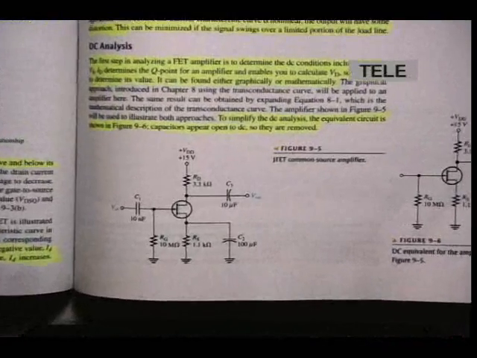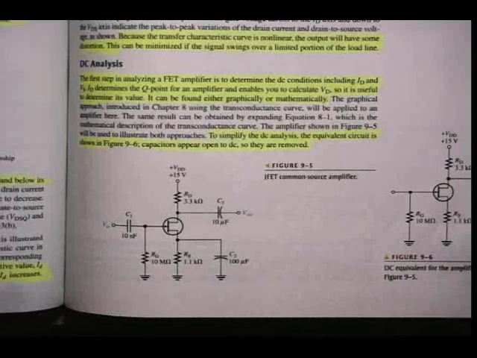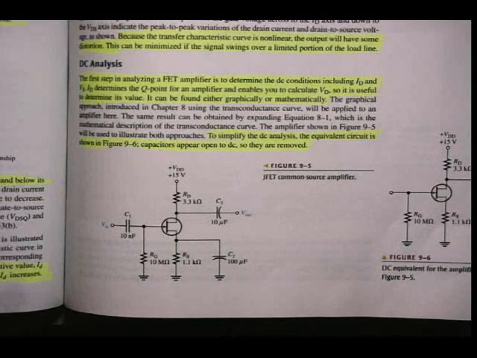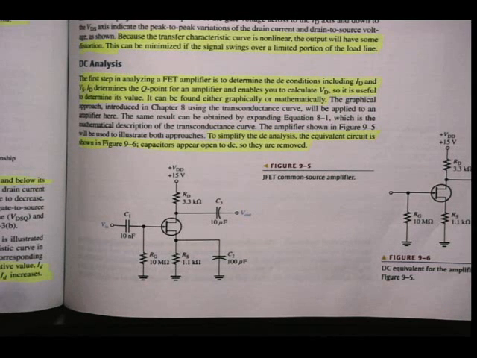Alright, the first step in analyzing a field effect transistor amplifier, if we look in the textbook, is to determine the DC conditions, including ID and VS. ID determines the Q point for an amplifier and enables you to calculate VD, of course, so it is useful to determine its value.